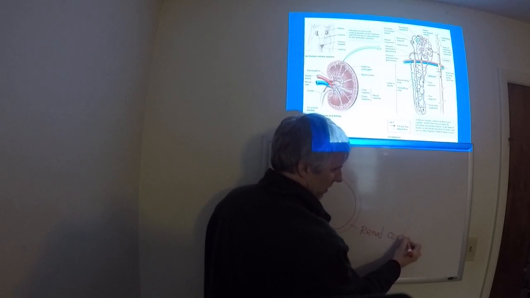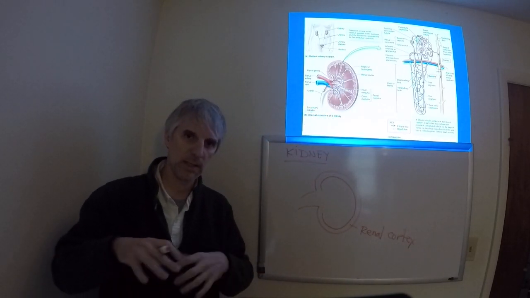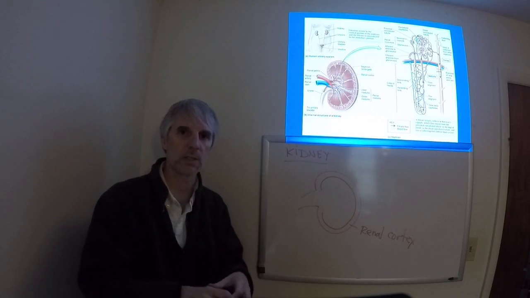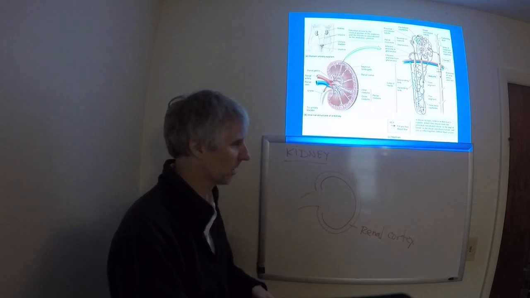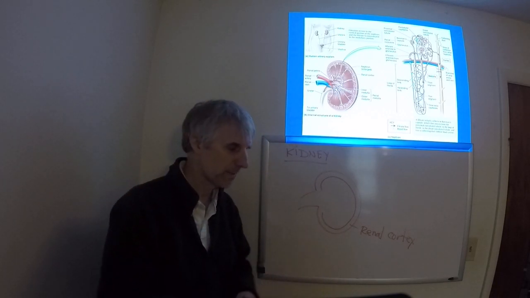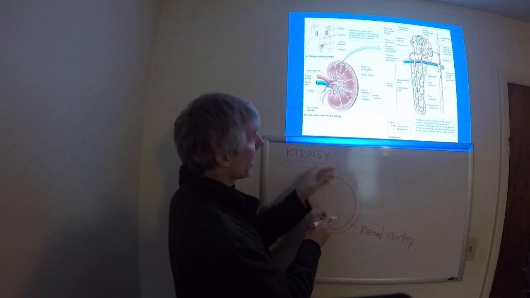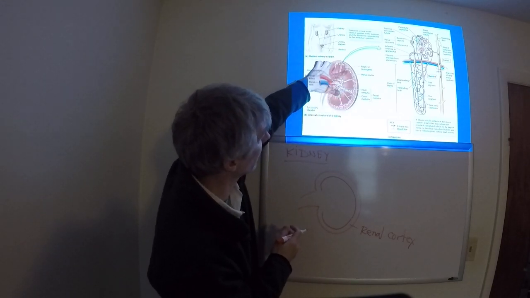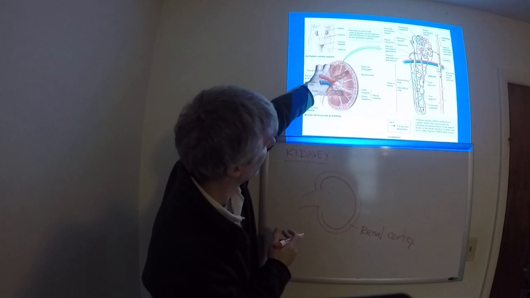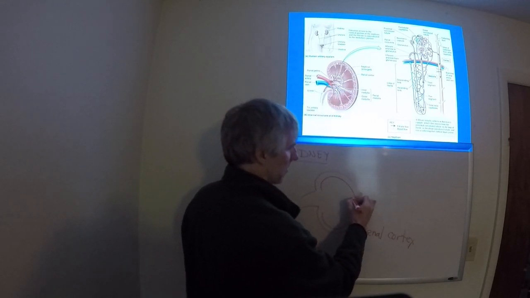And anytime you see cortex, we're talking about the outermost portion or outer layers of something, right? Cortex of the cerebrum, renal cortex. And then we have this area in here, right, which is called the medulla.